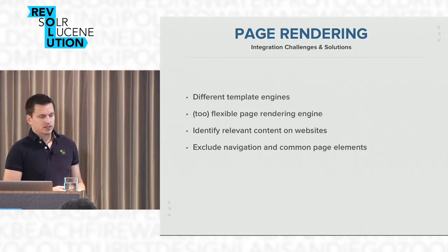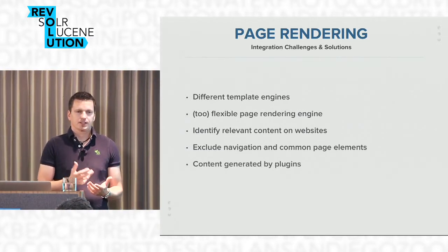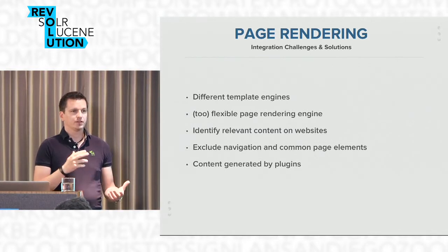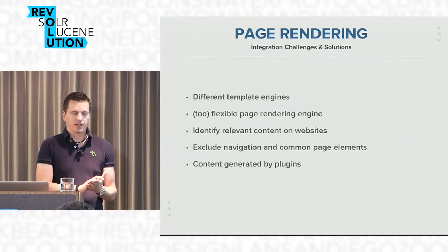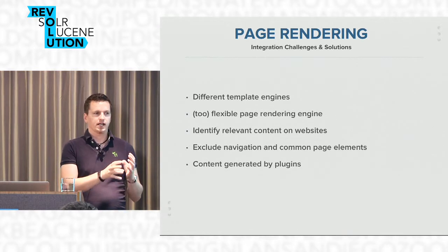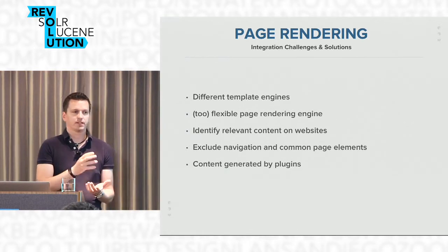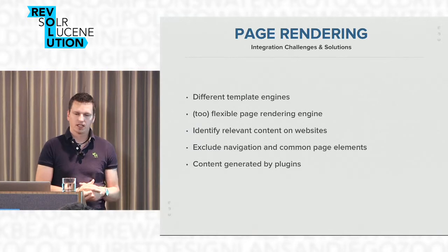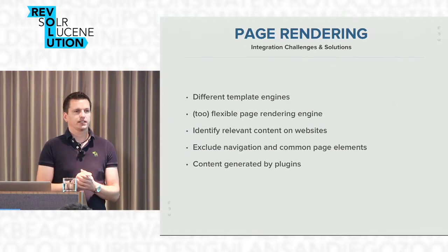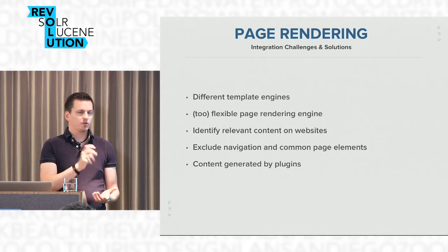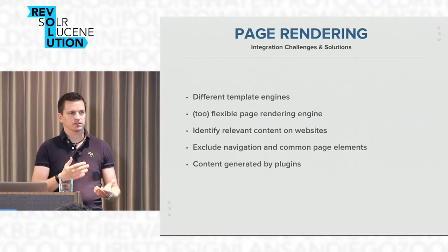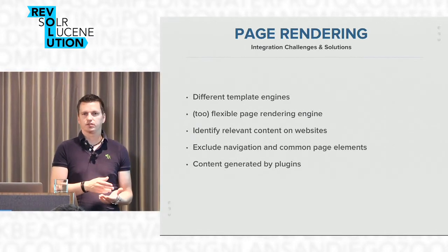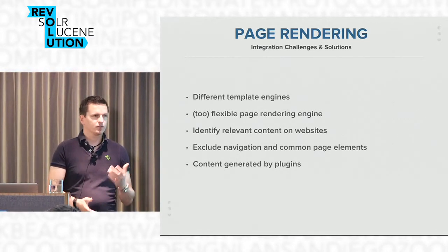And then, like I said, there's content generated by plugins. Let's say you have a news plugin that has a list view, an archive view, and a single view of a page. The way it works with Typo3 is you usually have a folder where you store the news records, and then you place a news plugin on a page, target it to the folder where your news are stored, and then you tell it to either list the news in a list view or have a single view or archive or whatever.